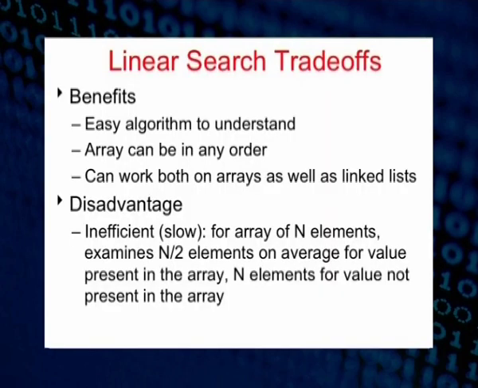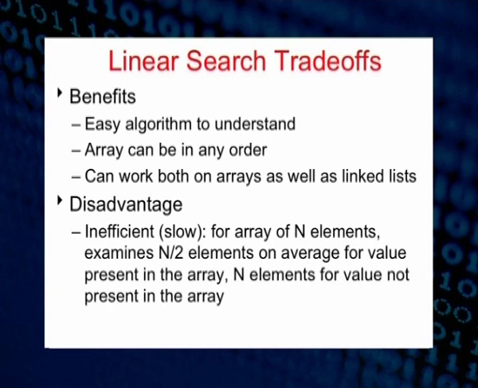Linear search trade-offs. Benefits: it is an easy algorithm to understand and implement, the array can be in any order, and it can work both on arrays as well as linked lists. Disadvantage: it is inefficient and very slow.